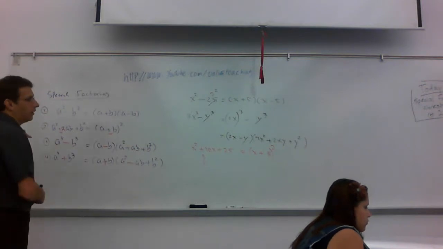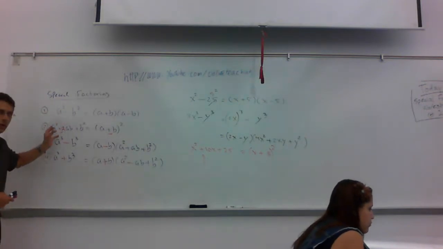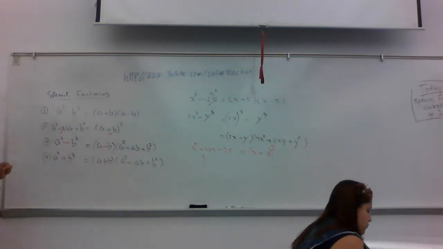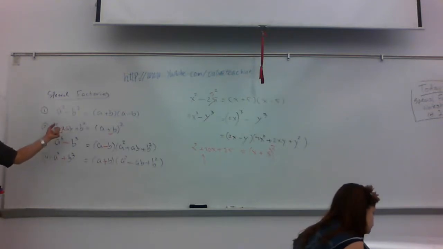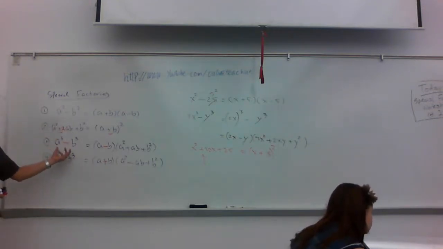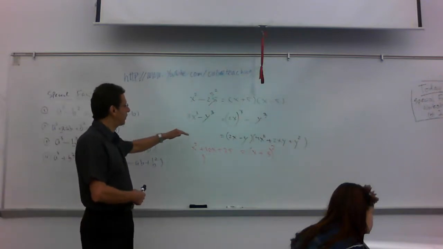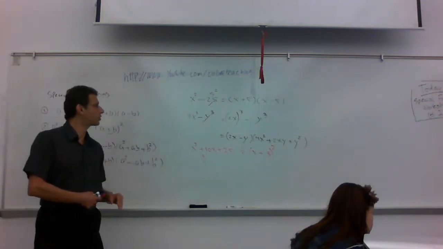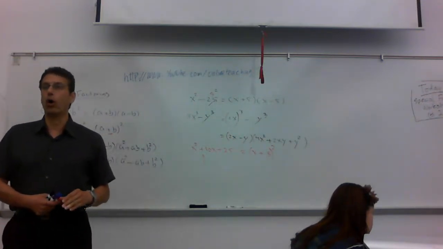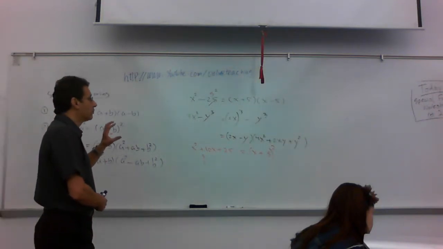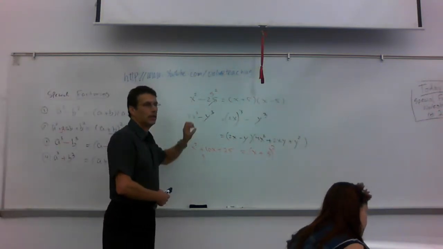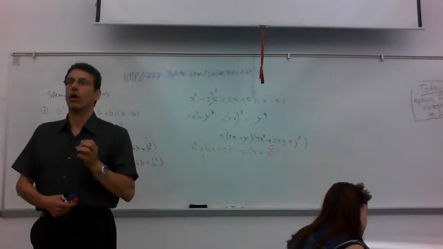We looked at other special products known as special factoring now, like a perfect square trinomial. We looked at difference of cubes. We looked at sum of cubes. And so for the difference of cubes, for example, we looked at 8x cubed minus y cubed. It is important to put that in the format of a cube.